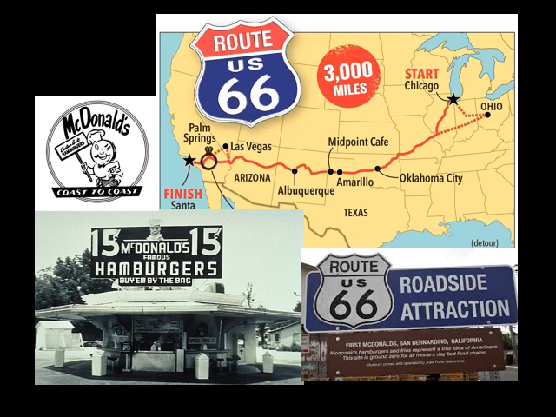So even the founding of McDonald's has its roots in the Depression, the Dust Bowl, and the millions of rural Americans that left that country towards a new life in California. And the McDonald brothers placed that restaurant there on Route 66, particularly to catch the business of those folks heading towards the coast.